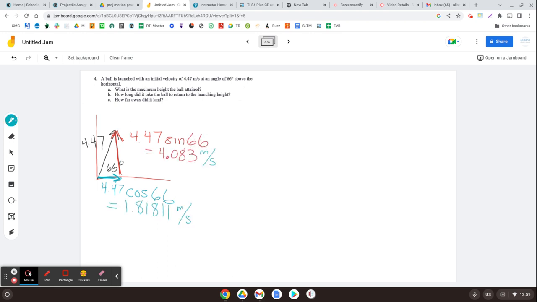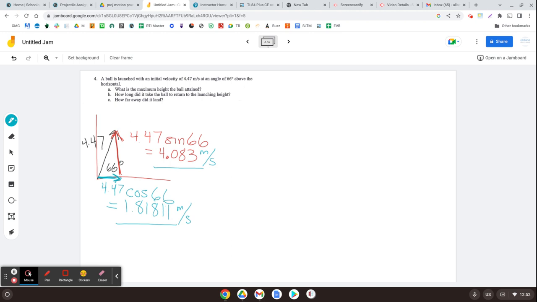I got my calculator out and put those in, made sure I was in degree mode. And it makes sense. Our 4.47 meters per second has been broken down into a horizontal component of 1.81 meters per second and a vertical component of 4.1 meters per second.